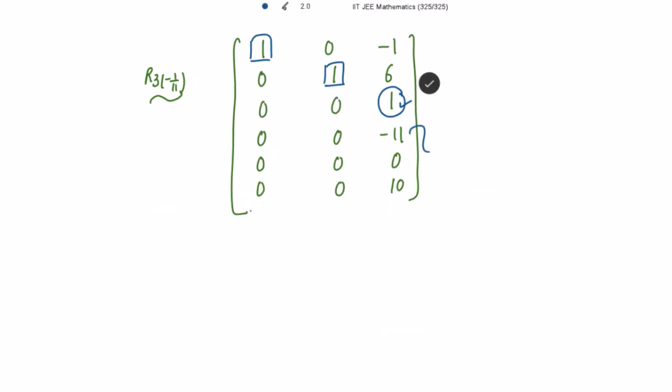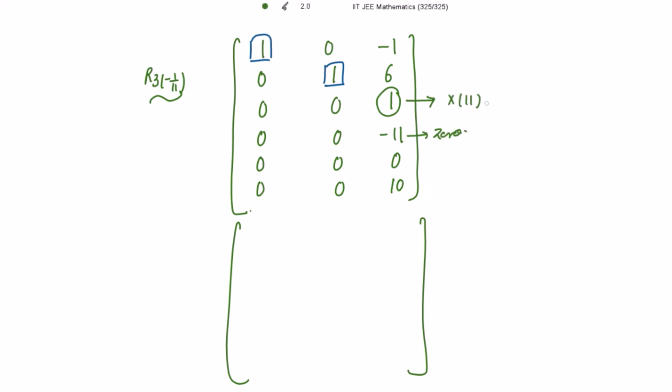We need to make all these 3 to be 0. We always try to take advantage of the row having the leading entry. To make 0 over here, we multiply the elements of row 3 with 11 and add these elements to row 4. 0, 0, 0, and in the last row I'm having 10 over here.